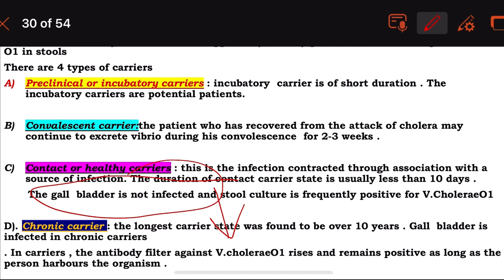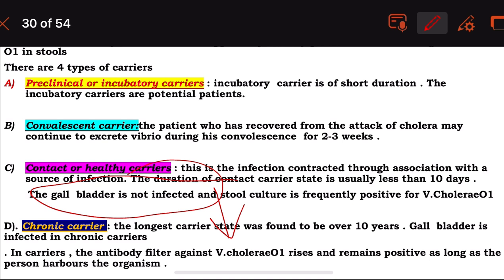Very simple. We know incubatory carriers are for a short duration, and they are potential patients. Convalescent carriers will shed the Vibrio cholerae for 2 to 3 weeks after the attack of cholera. Then come healthy carriers. The infection is contracted through association with the source of infection, and their period of infectivity will be less than 10 days.